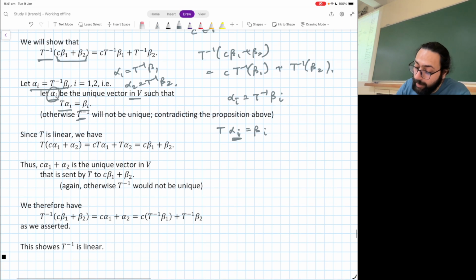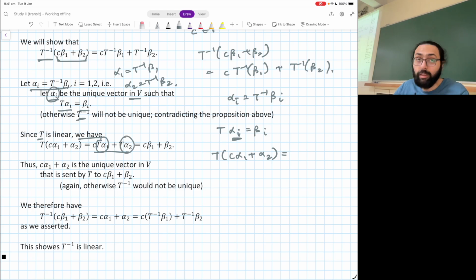So you also define this vector alpha i. Since T is linear, we have T of C alpha 1 plus alpha 2 is the same as C acting on these transformations individually, so it would be C T alpha 1 plus T alpha 2. And what are these objects? These are by definition beta 1 plus beta 2.